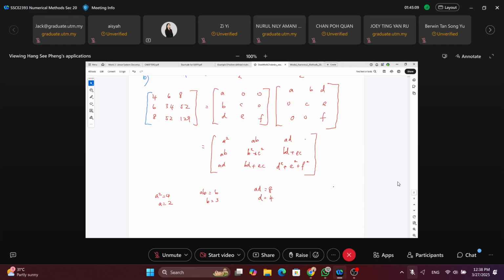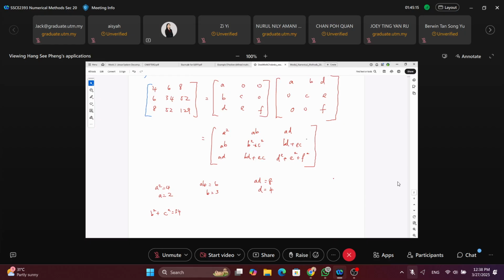So continue, B square plus C square equal to 34. You know the B, so solve for the C. C here equals to 5. BD plus EC equals to 52. So you know the B, you know the D, you know the C. Now we solve for the E. Should be 8.